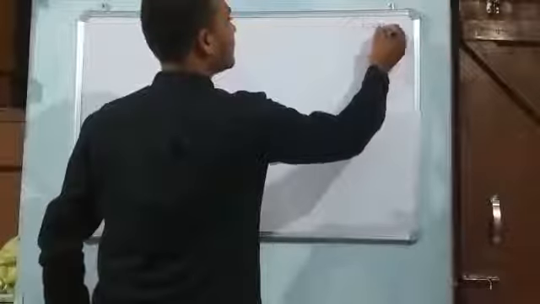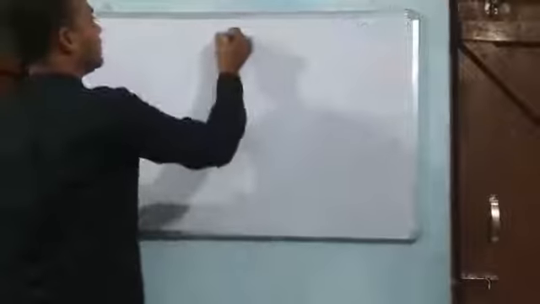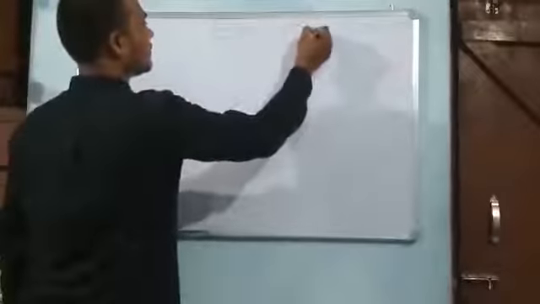Next, resistors in parallel. When resistors are placed parallelly in a circuit, what is the result and what is the value of equivalent resistance we need to find out?